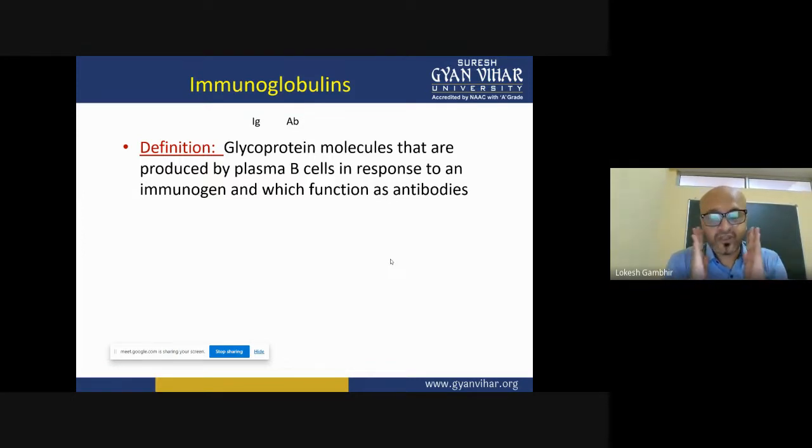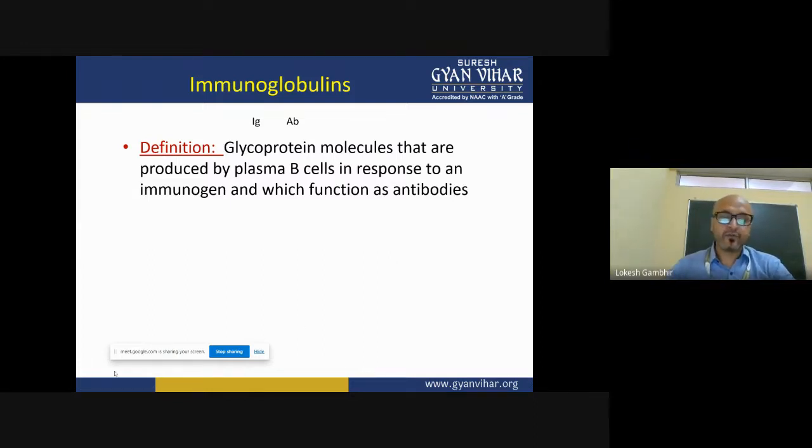For now, you should have a clear-cut understanding that a molecule which is foreign to our body, foreign meaning it is not a part of our body, it has been acquired from the environment, that particular molecule is called an antigen. And the second important characteristic of that particular molecule is that it should be able to evoke the immune response and bind to the immunoglobulin or antibody. That molecule is called an antigen.